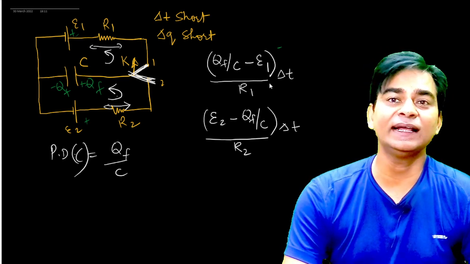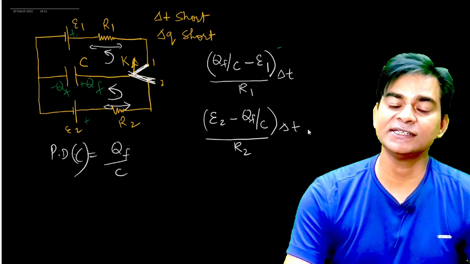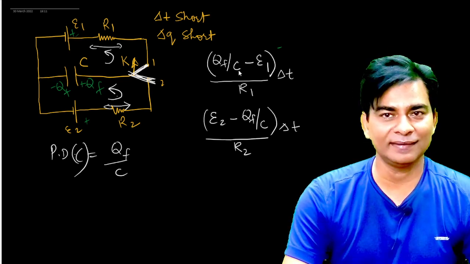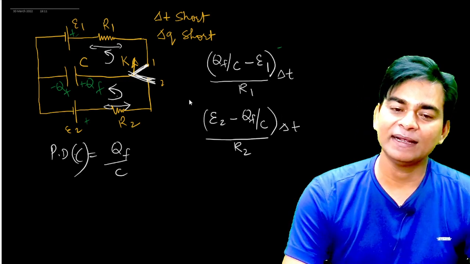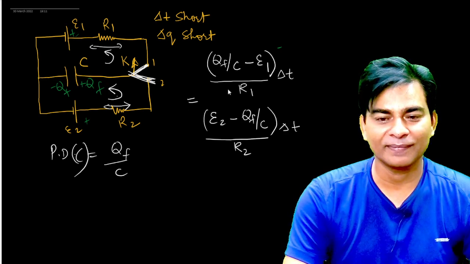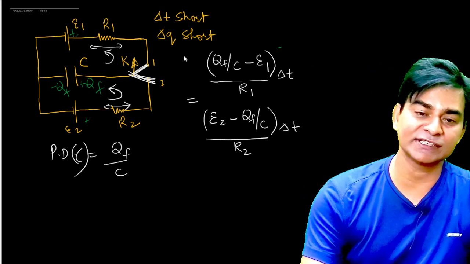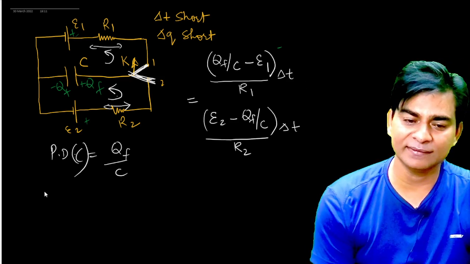If saturation has already come, then the charge received from the lower circuit is equal to the charge given to the upper circuit, so these quantities will be the same. If I equate these two expressions, delta t is going to cancel.